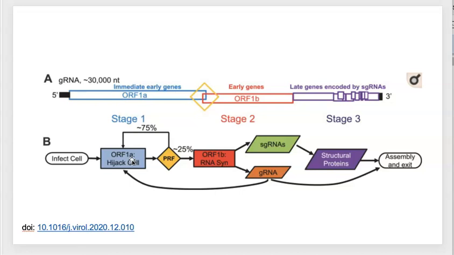And again, part of the innate immune response is, for example, the interferon response, which the virus knocks out. And so the ORF1A polyprotein is made, and then there's a programmed ribosomal frameshift signal so that 25% of the ribosomes will slip past this ORF1A and begin making ORF1B, which contains the RNA-dependent RNA polymerase.